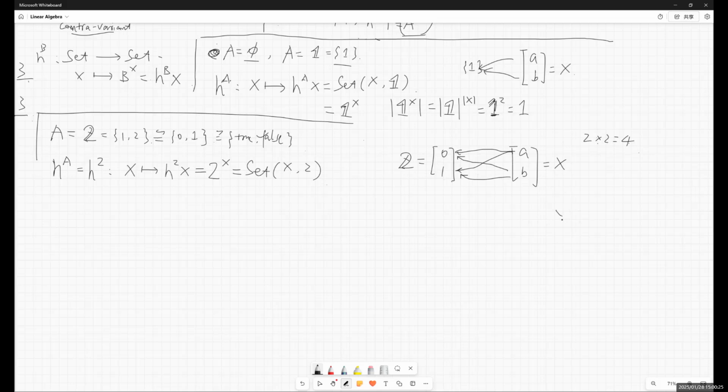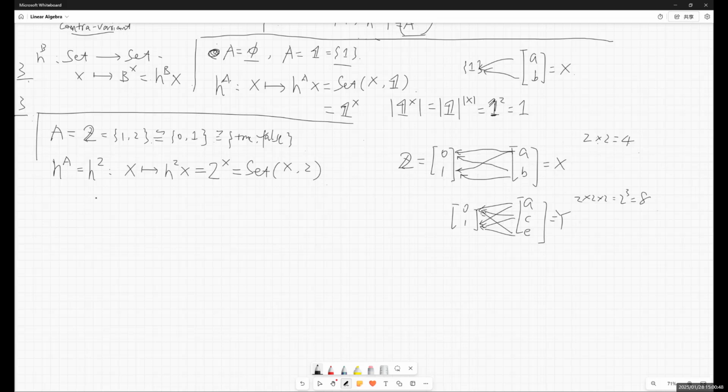And if we have Y equals {a, b, c} mapped to {0, 1}, we can calculate that 2 times 2 times 2 equals 2^3 equals 8 possibilities.